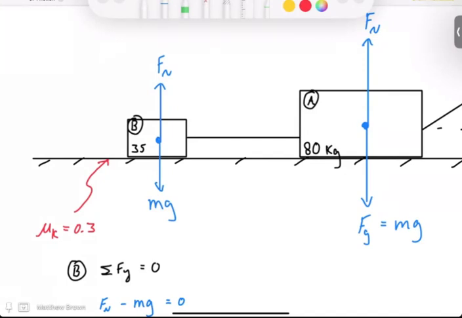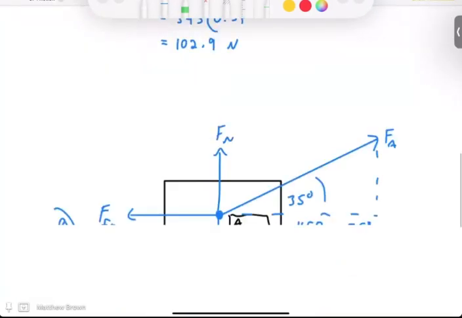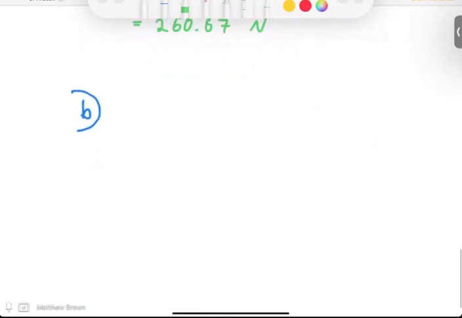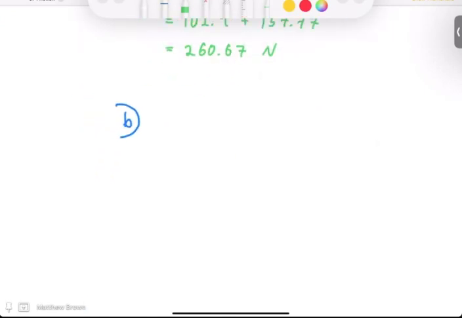So in this case, if I just look at block B, what is pulling block B? Then I can separate this system out and just look at block B, which is 35. On this particular block, I've got a force pulling it forward.